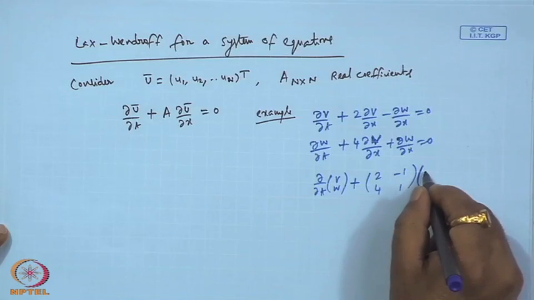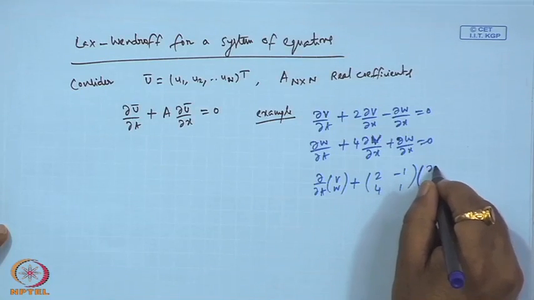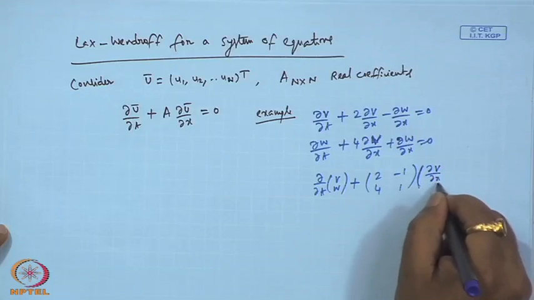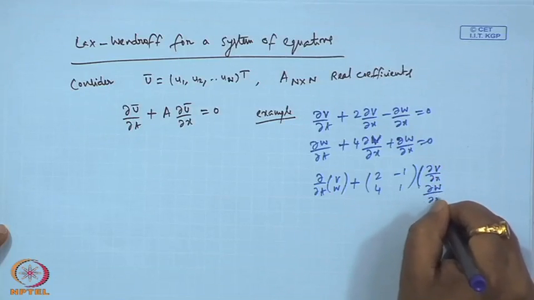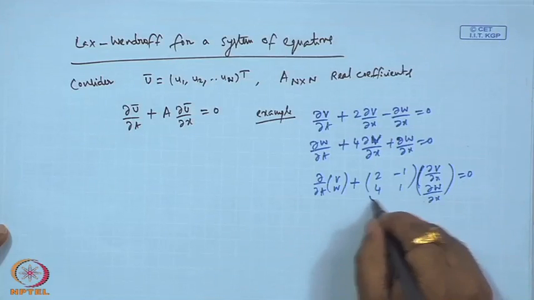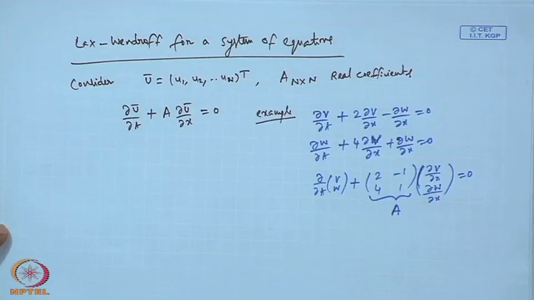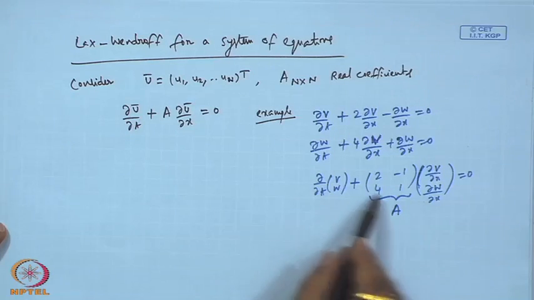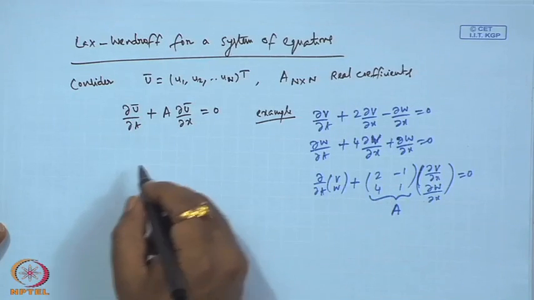So, this is our A, then so this is matrix A. Okay. So, such kind of system can be also be discussed.